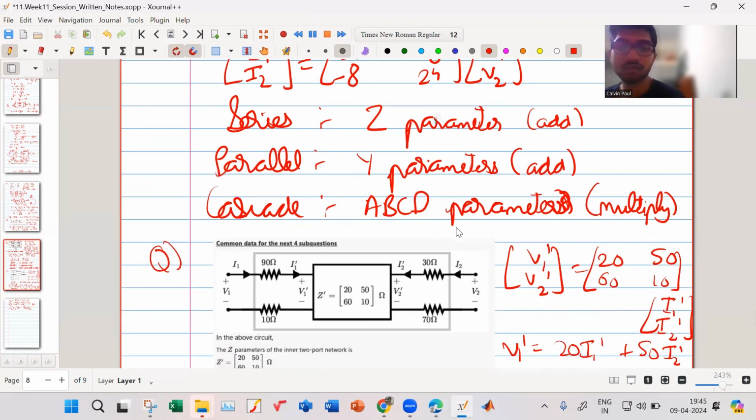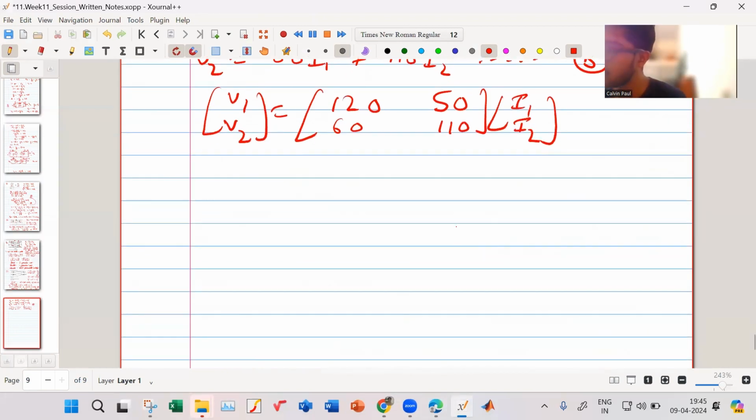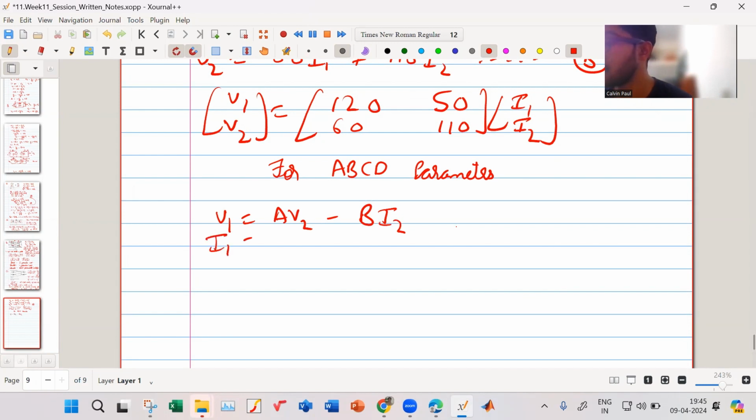So let us consider ABCD parameters. V1 is equal to A V2 minus B I2. I1 is equal to C V2 minus D I2. Assume this is A1, B1, C1, D1.